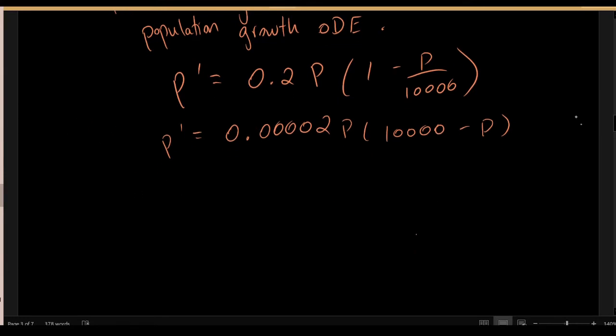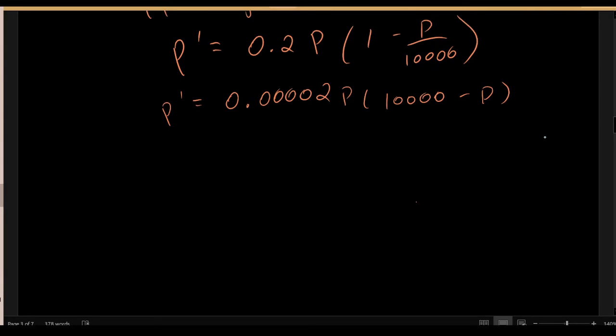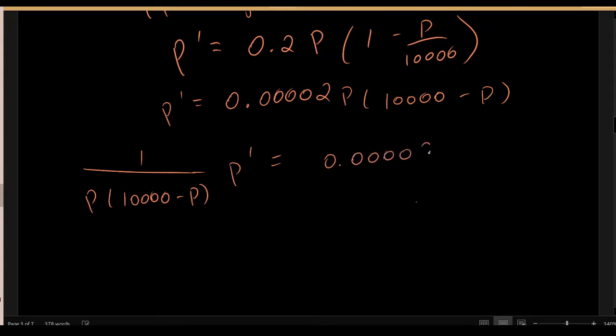Now, we have an autonomous differential equation, which means that it's separable, which means that I can solve this by pulling the entire expression containing p's to one side to join p prime and integrating.